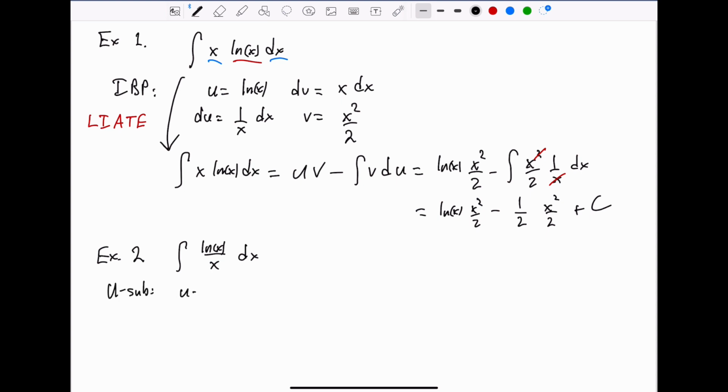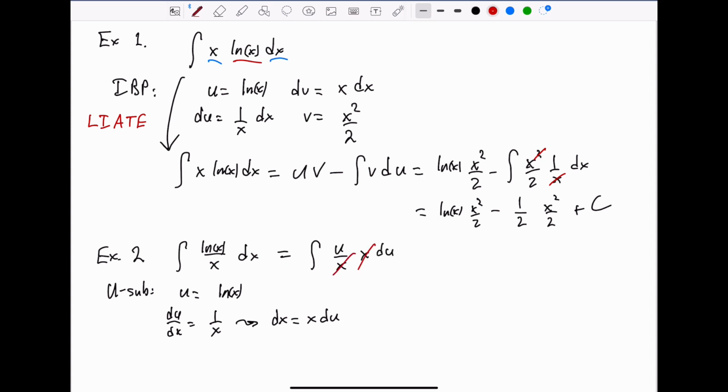I will choose u to be natural log of x because the derivative is 1 over x. So I take the derivative, I solve for dx, dx equals x du, and now I'm ready to substitute. I have the integral of u divided by x times dx, which is x du.